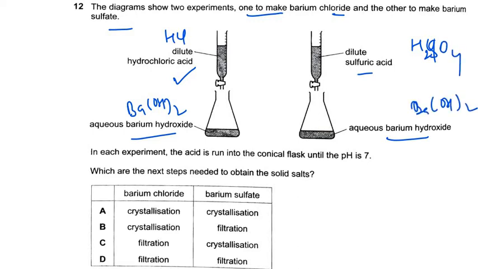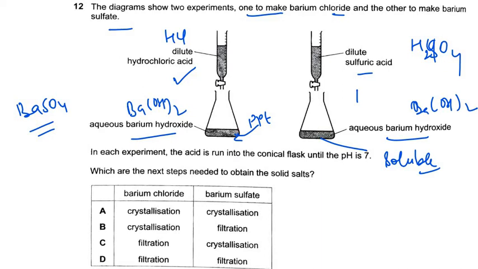Now look at this picture. Can you see something sinking here? It means it is a precipitate, and here you cannot see anything, it is soluble. So precipitation means barium sulfate is an insoluble salt. BaSO4 is an insoluble salt, and now barium sulfate will be on this side, right?